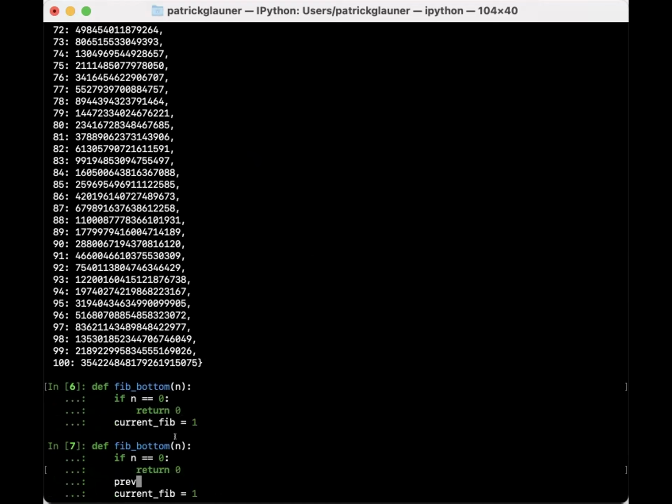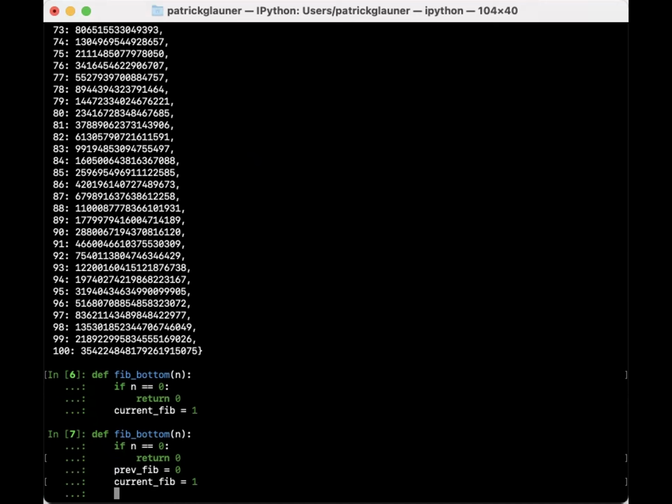So if n is, for example, 1, we can say, well, our previous Fibonacci number is 0, and the current one is then 1, and we are returning 1. So I need a previous Fibonacci number, and this is the one I call 0. And now if n is 1, I could just return the sum of these two. But I need to generalize this a little bit. And if n is now bigger, I need to have the adequate previous and current Fibonacci number at hand.